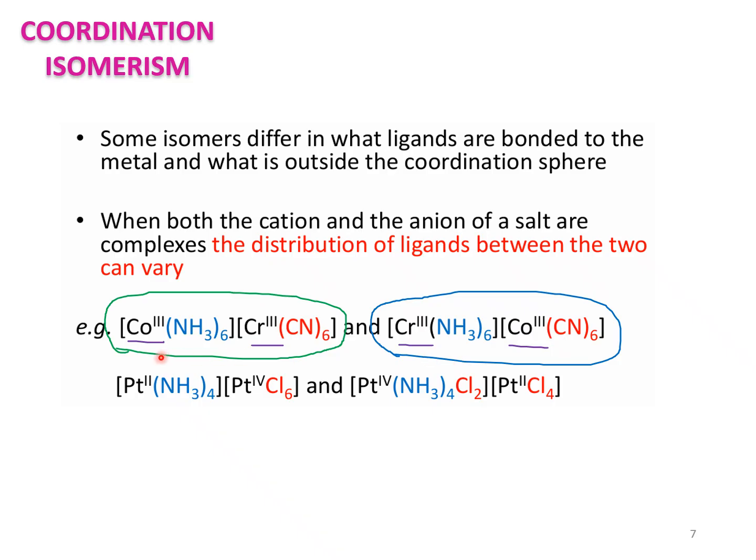So what is the name of this compound? We know that for a cation, the metal will retain its original name: cobalt, chromium, zinc, copper, nickel, titanium, vanadium.